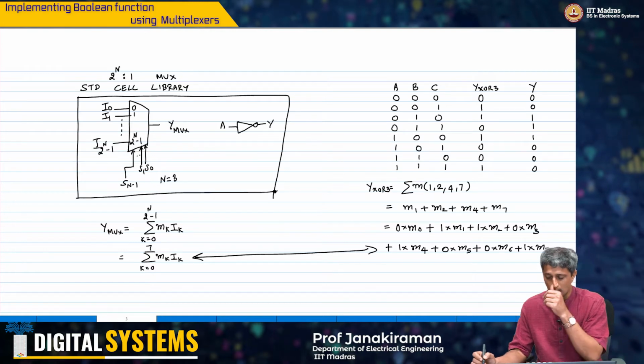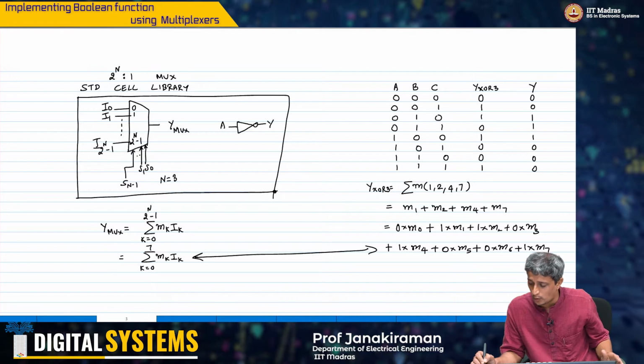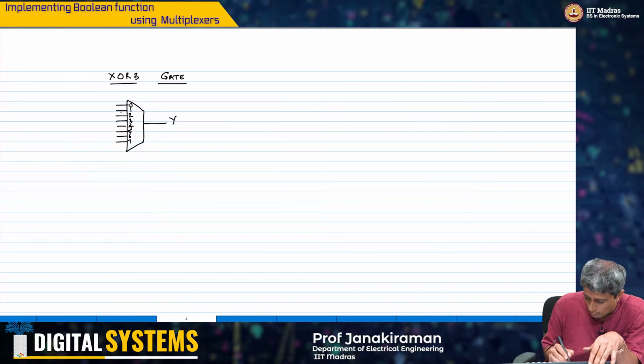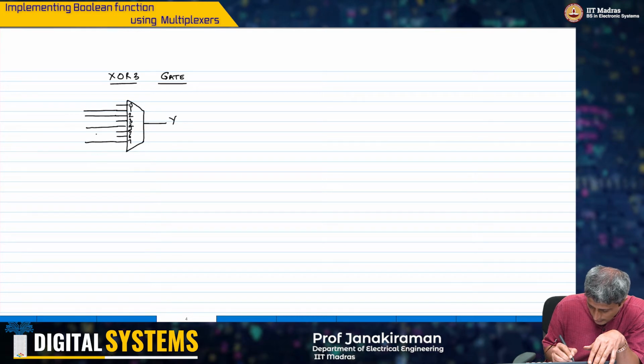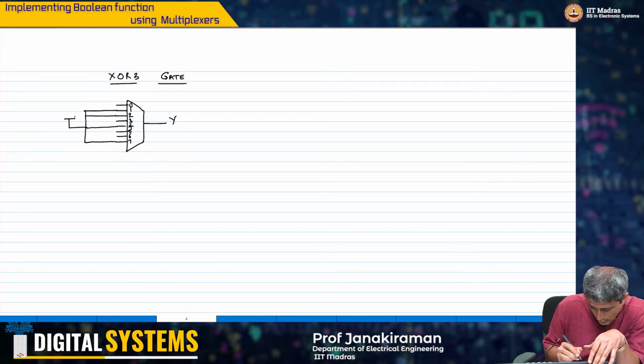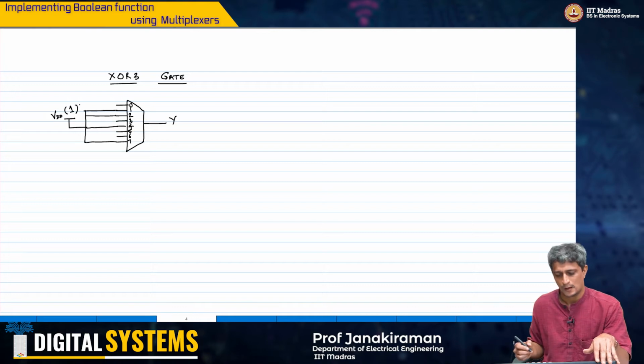We are just saying connect M1, M2, M4, M7, all these I am going to simply connect to VDD or logic 1, okay?